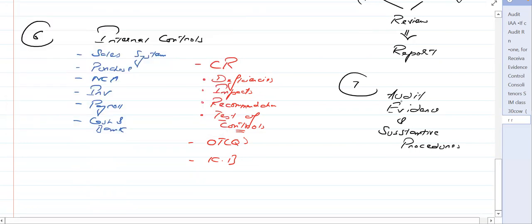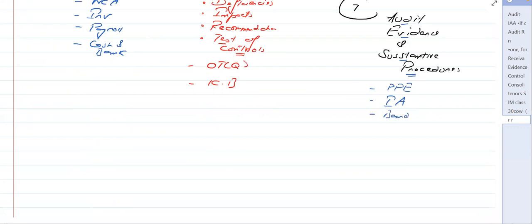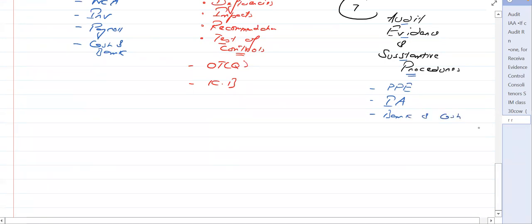So now these are the audit procedures pertaining to the financial statements. For example, how the auditor tests property, plant, and equipment, how the auditor tests intangible assets, the bank and cash figure. So these are the audit procedures related to the balances of the financial statements.